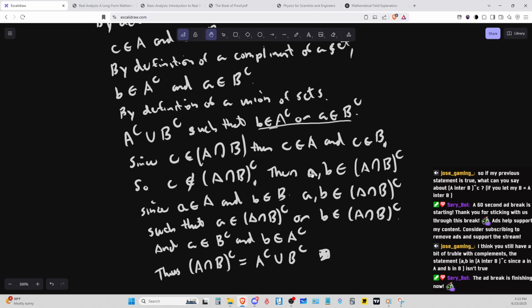So that's why I wrote that A and B are elements of the complement of the intersection. But did I fully write that so that it's clear? Maybe I did not. That's the thing that I'm trying to make sure of when I check this over.